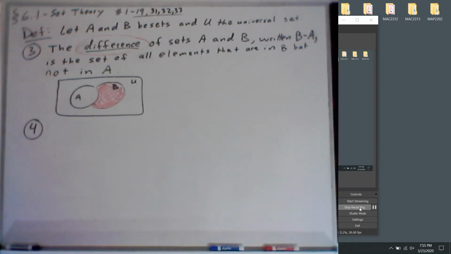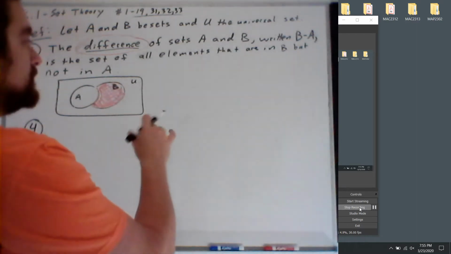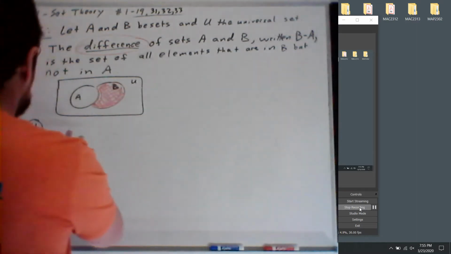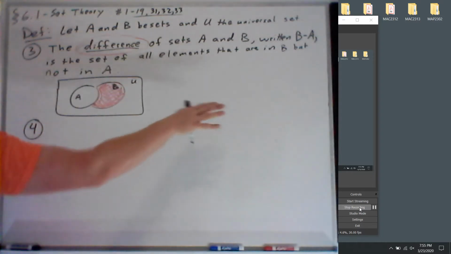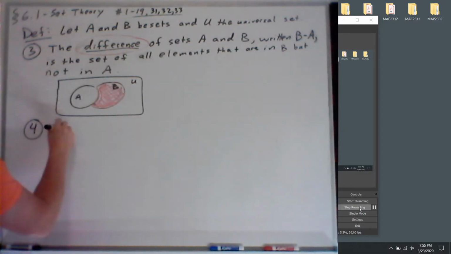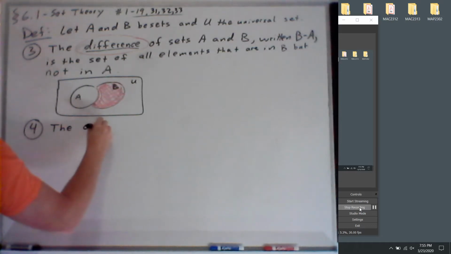And then the fourth thing that we want to talk about, and this will be the last definition for now, before we get to a nice example, is the complement.